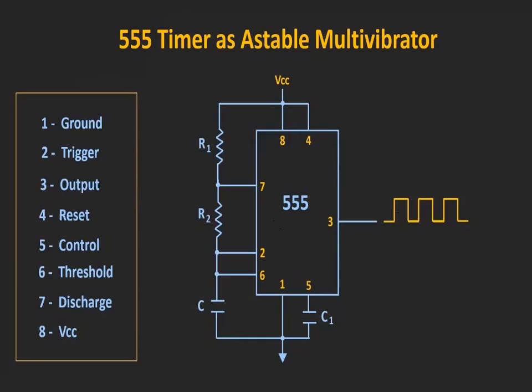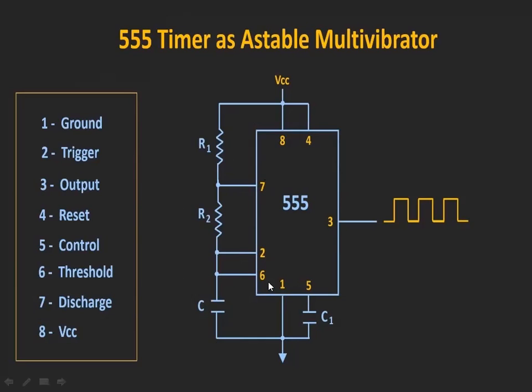We are going to take externally 2 resistors and 1 capacitor. These 2 resistors and the capacitor play a major role in producing the output square waveform. We are going to connect a resistor R1 between the 8th pin and the 7th pin. The 7th pin is the discharge pin.